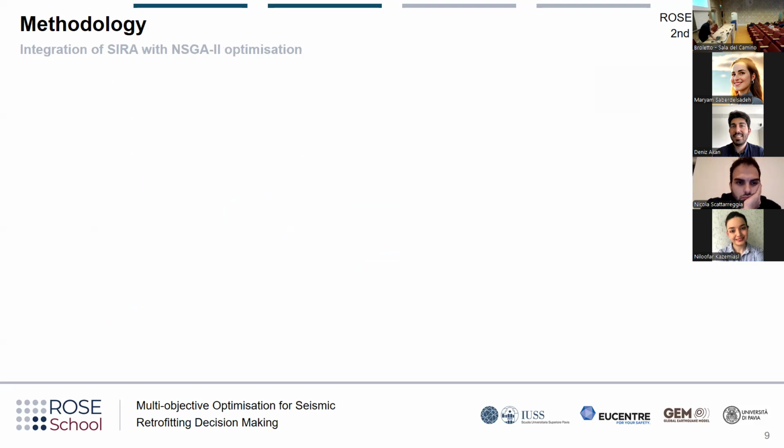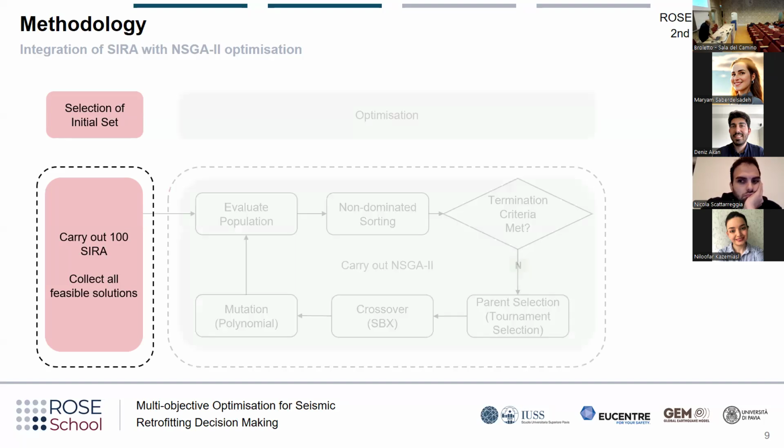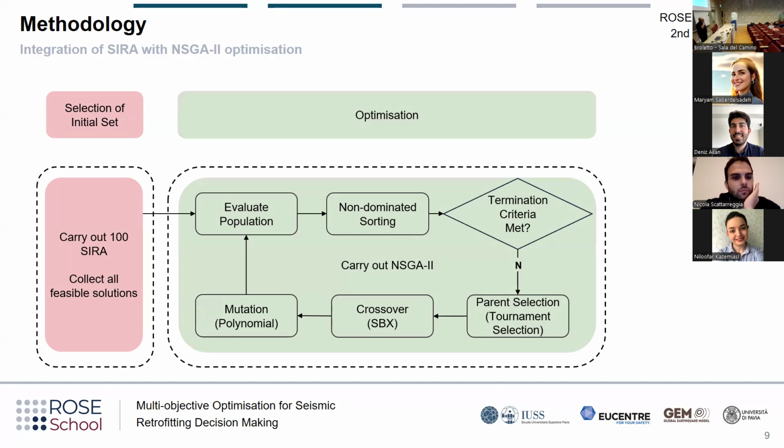So how am I going to integrate them? Basically, we first carry out 100 SIRA runs independently. We get the feasible solutions at the end, and then we integrate them into NSGA-II. It is a very well-known procedure.